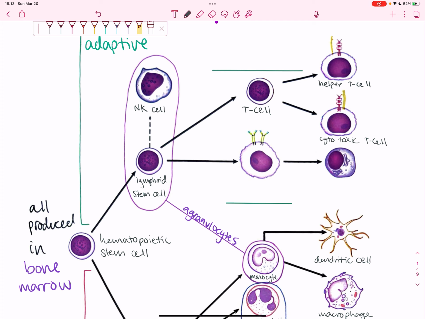All right. So then down here, getting to the last bit, a lymphoid stem cell can become a B cell, which can differentiate into a plasma cell.